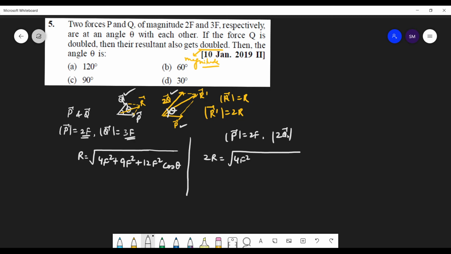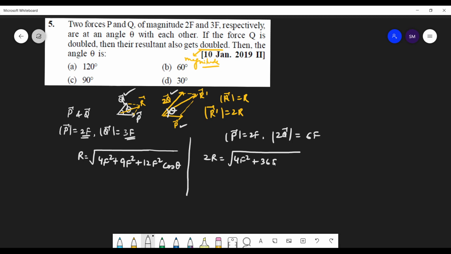So magnitude of 2Q is 2 times 6F, so 6 sixes are 36.